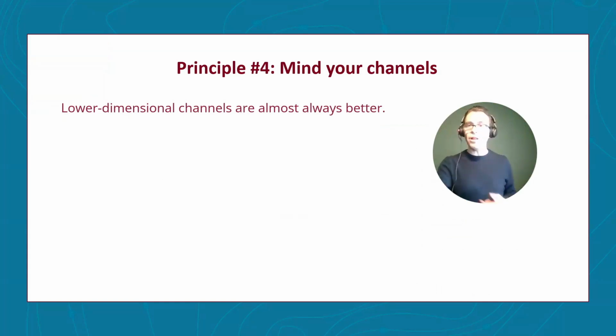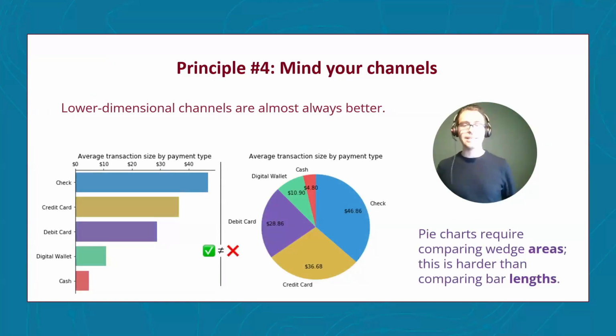As one example, one-dimensional aesthetics, such as length, are always going to be easier to compare than two-dimensional aesthetics like area. For example, if you're trying to compare the wedges in a pie chart, you are going to do that less accurately than you would be comparing the lengths of bars in a bar chart.